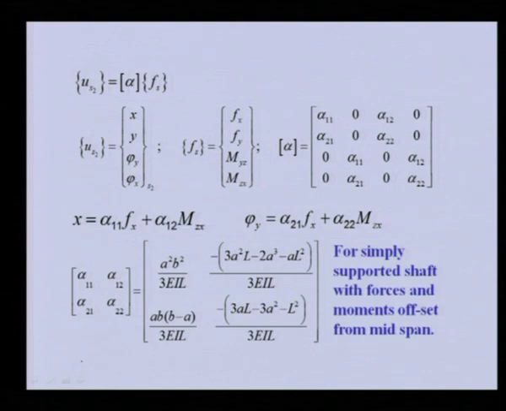When we were considering the Jeffcott rotor model with offset disc, we related the displacement of the disc location with the shaft reactions using the influence coefficient matrix. So, the relationship of the disc location displacement and the reactions at the disc location, we already related earlier.